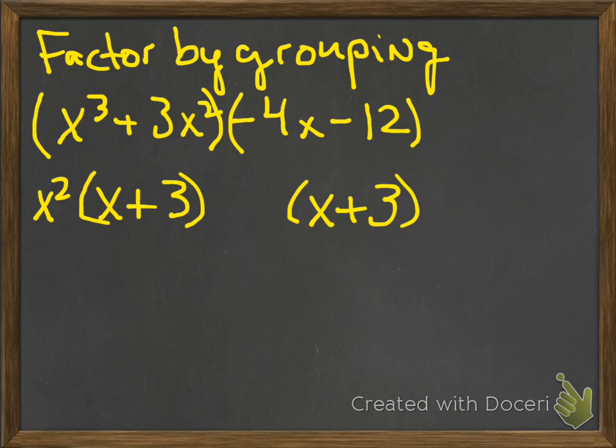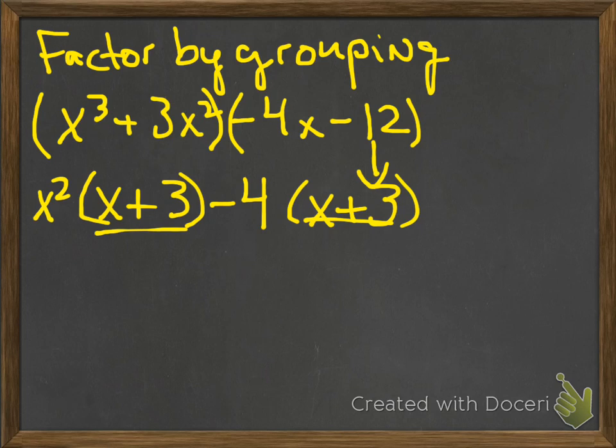Negative 4 will go into both of them, and I can write negative 4 here. Since these two have to be the same, what is negative 12 divided by 3? Negative 12 divided by 3 gives me negative 4.